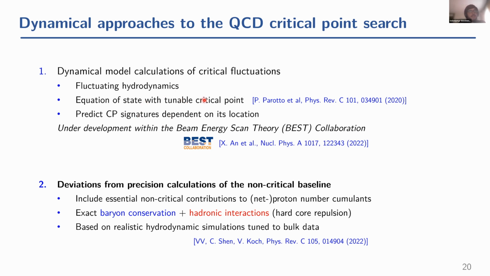This is a very ambitious effort and it's under development. There are lots of interesting developments in progress. It's not complete yet to make quantitative predictions and analysis of the data just yet, but for an overview of the current efforts, I can point to this review paper here.